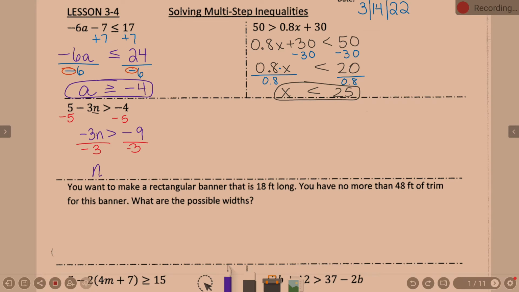Negative 9 divided by negative 3 is 3. Why am I switching the sign? Because right here, guys, we divided by a negative 3. So greater than becomes less than.